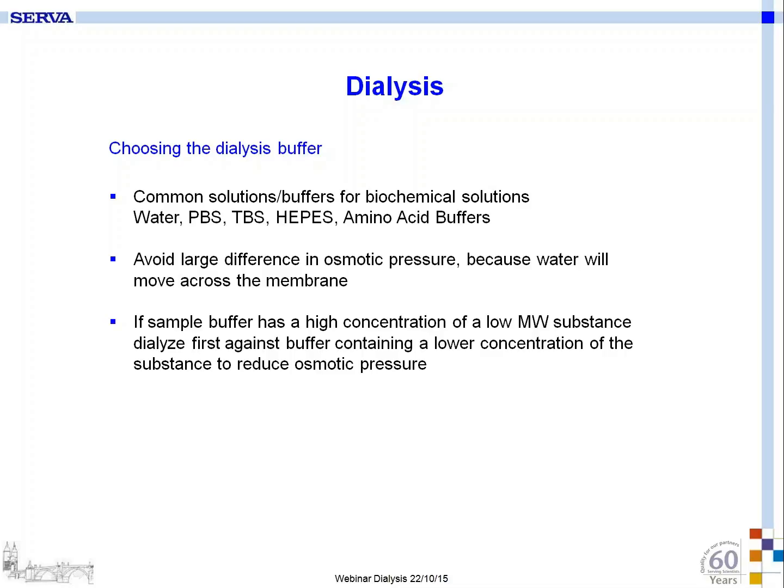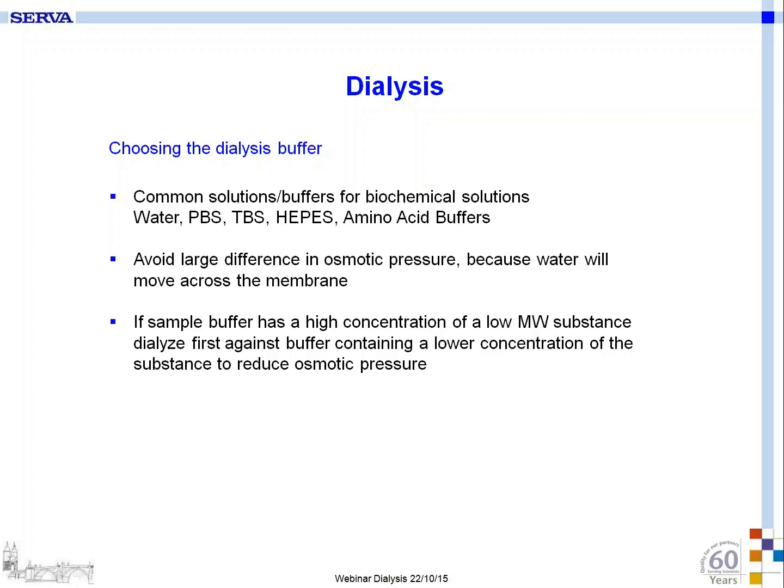And that means not only that you get significant sample dilution, the other thing is that you could damage your membrane, or it could even rupture the membrane. This is of course very important if you have, for example, high percentage sucrose solutions or solutions with high salt concentrations.